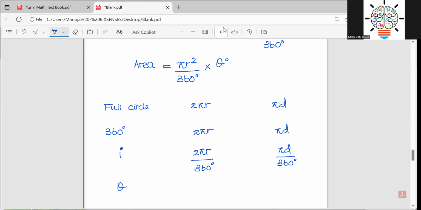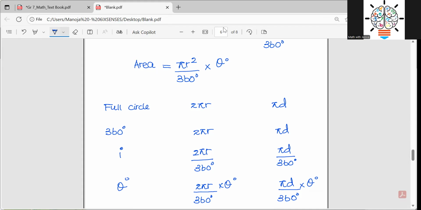If you have theta degrees, we have 2-5R over 360 degrees multiplied by theta degree. And here 5D divided by 360 degrees multiplied by theta. Right? So then this is for theta.